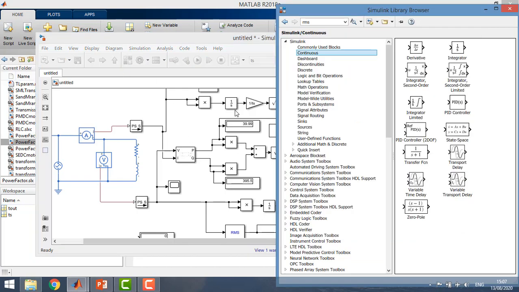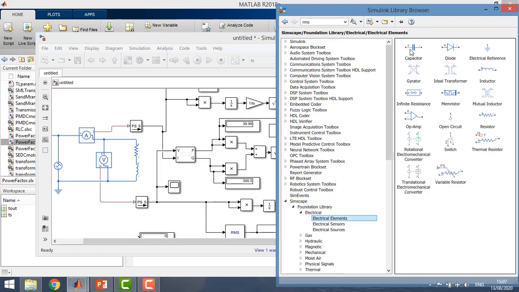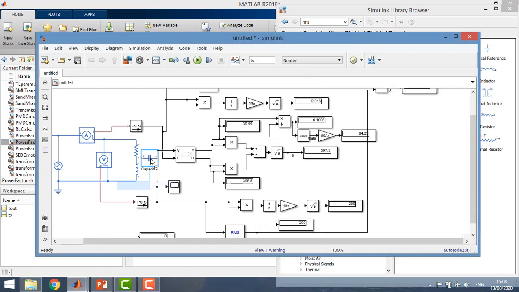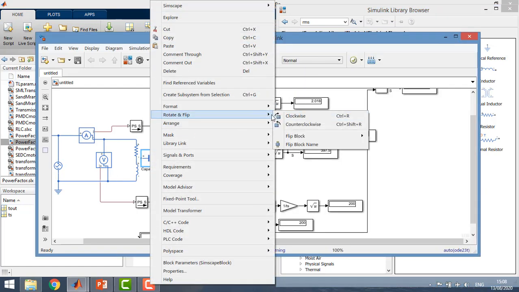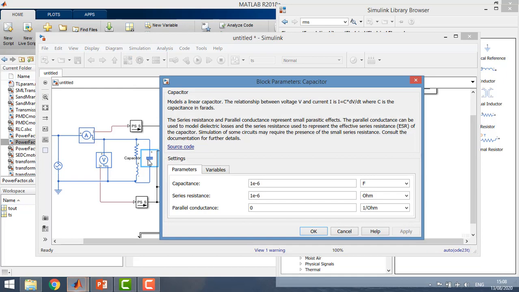When we introduce the capacitor with the value calculated earlier, let's keep the series resistance with a very small value, or else the simulation will stop.